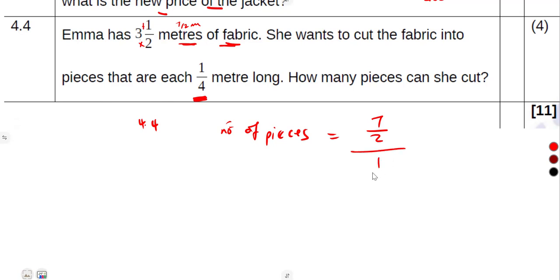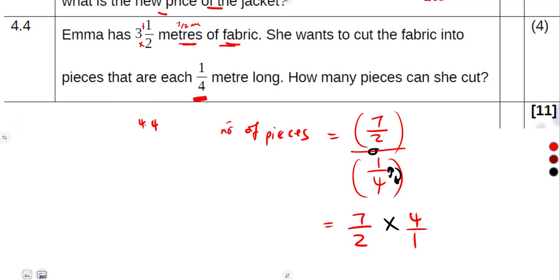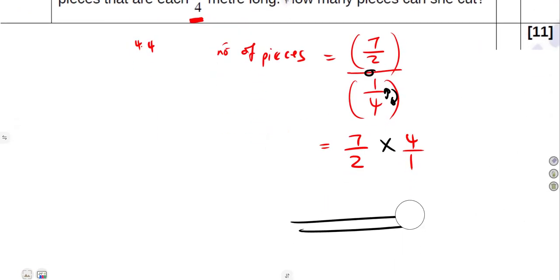So you divide by the number of meters of each, and you're going to remain with the number of pieces. Guys, this is simply a division. 7/2 divided by 1/4. We introduce a multiplication, then invert the second fraction. So it's going to be 4/1, just like that.